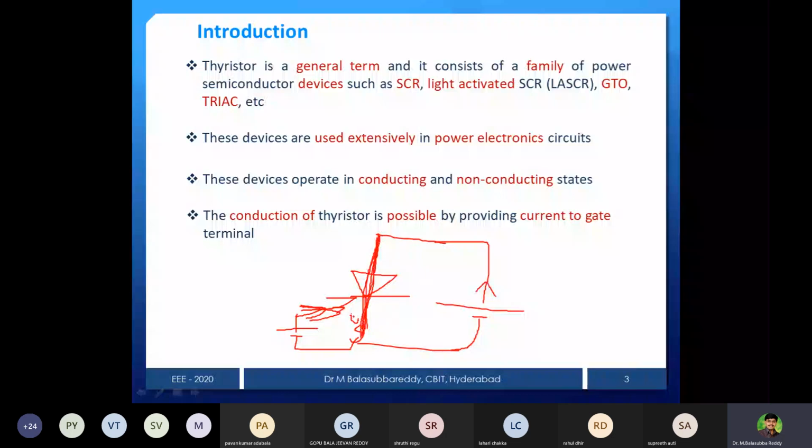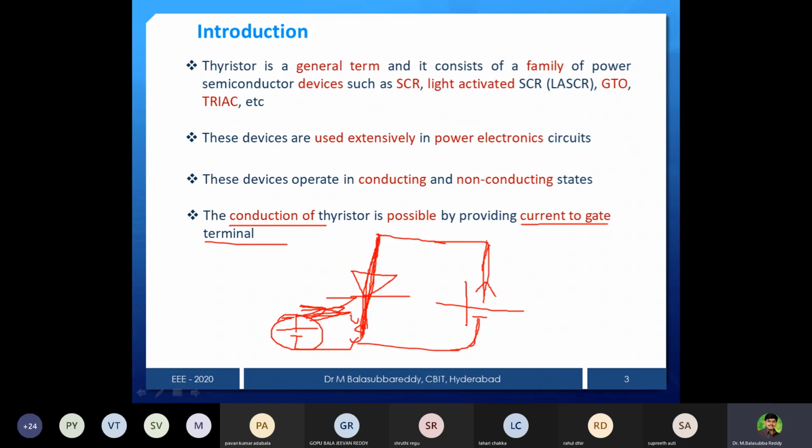Many things are there, I will explain that also. In this statement, conduction of a thyristor is possible by providing gate current, or directly gate current if we give, it will conduct, or voltage across gate and cathode. If sufficient voltage is applied across gate and cathode, then also it will turn on. Or anode to cathode voltage, if we increase it up to the breakover voltage, it can trigger.